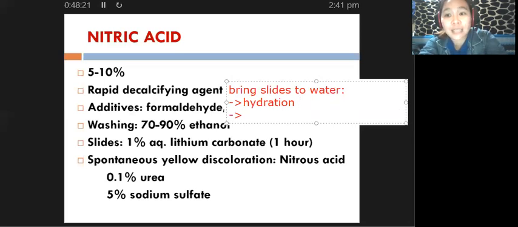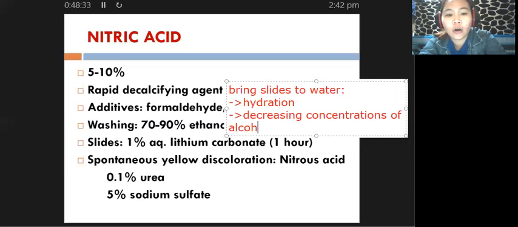By using decreasing concentrations of alcohol. That is how the process of hydration is performed in the laboratory.